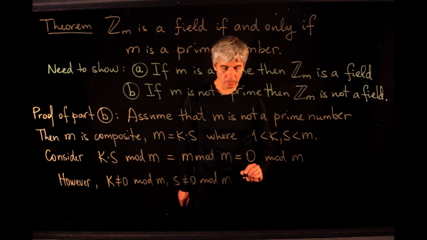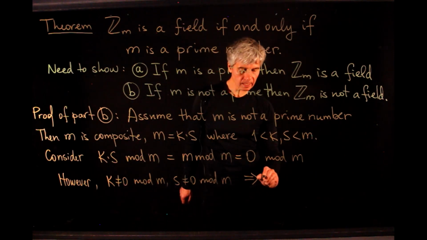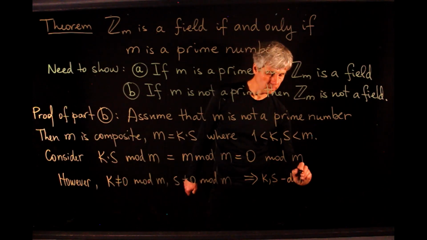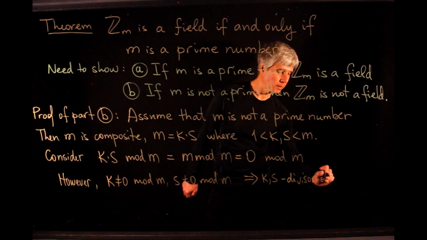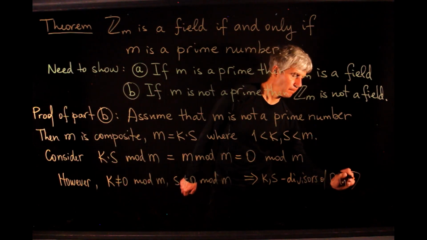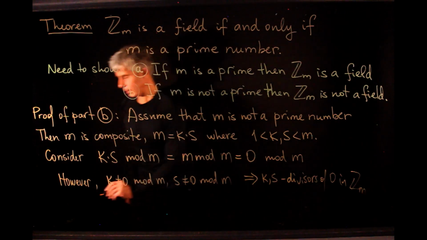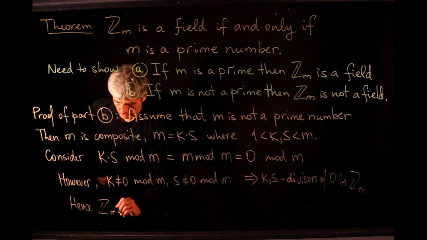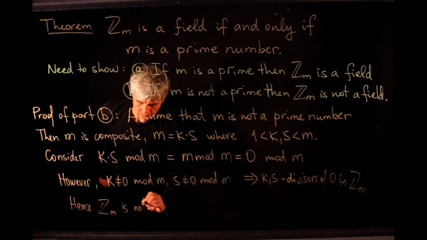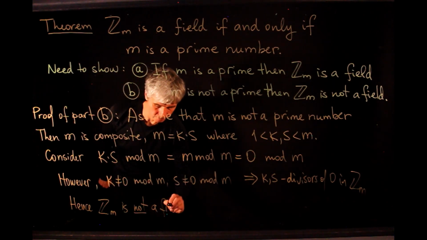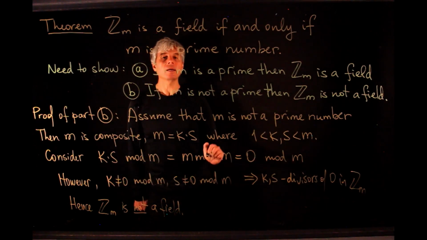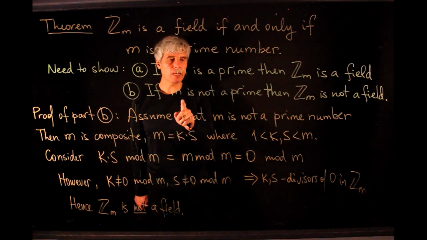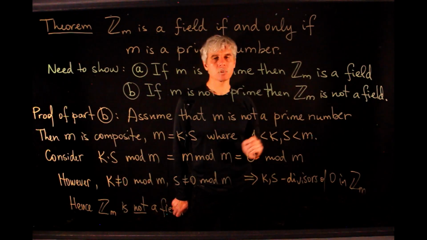And we conclude that k and s are divisors of 0 in Zm. Hence, Zm is not a field. And we completed the proof of part B. So we proved that if m is not a prime, then Zm is not a field.